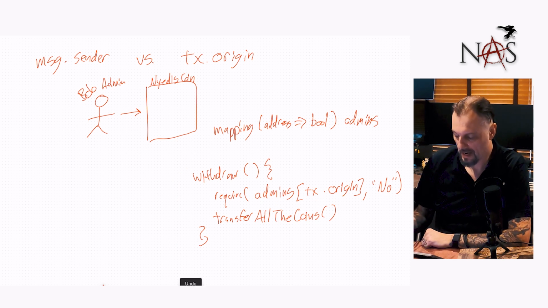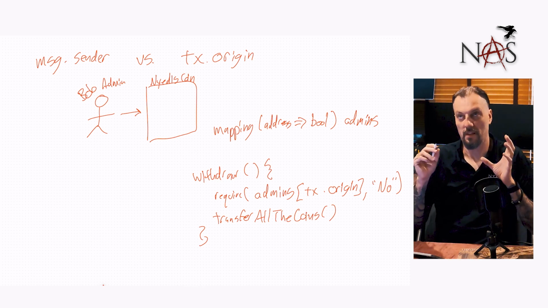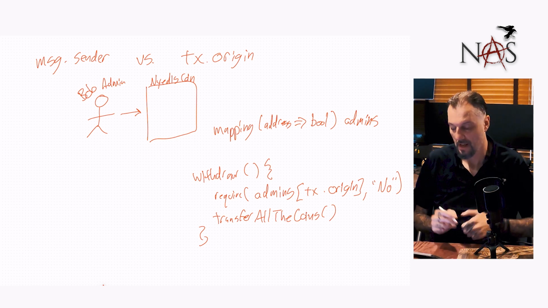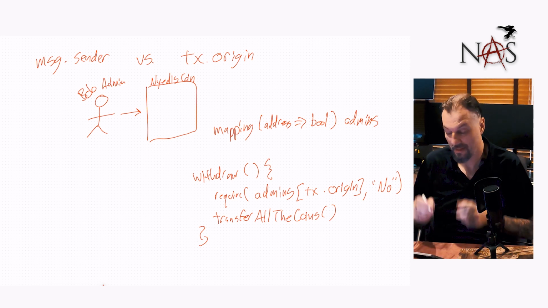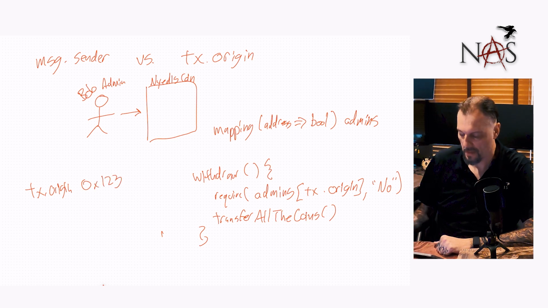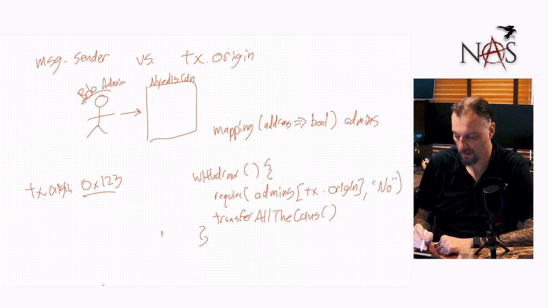So what this is saying is pretty simple, right? We're saying that the transaction origin, which is the wallet address of the user that kicked off the transaction, that's their address. So transaction origin right here, let's just say is 0x123. So that's Bob's wallet address, 0x123.